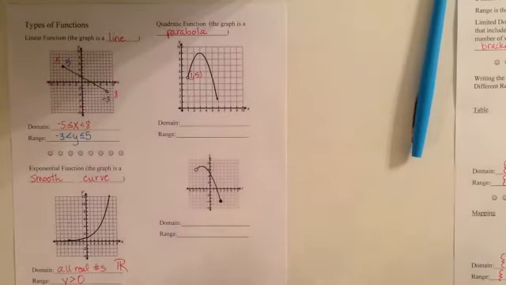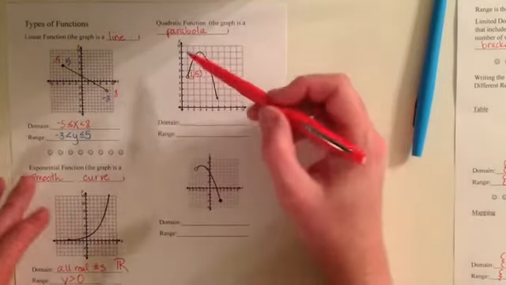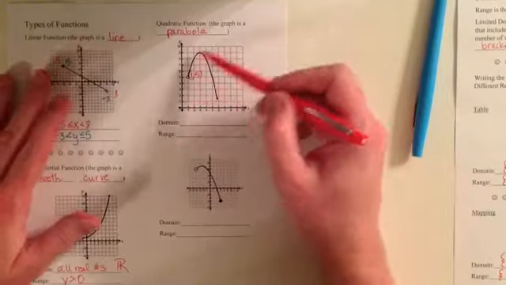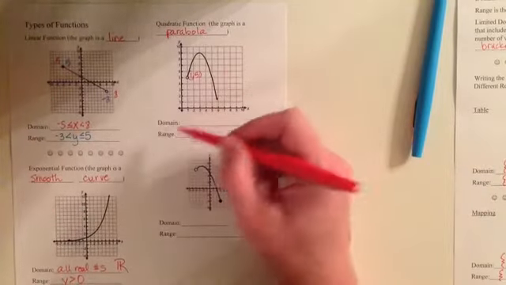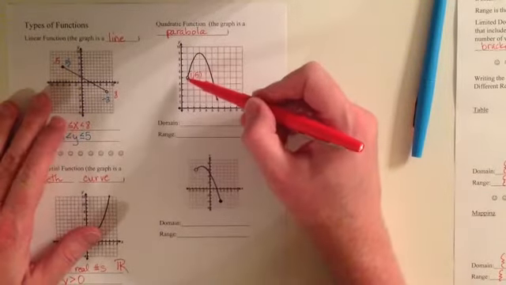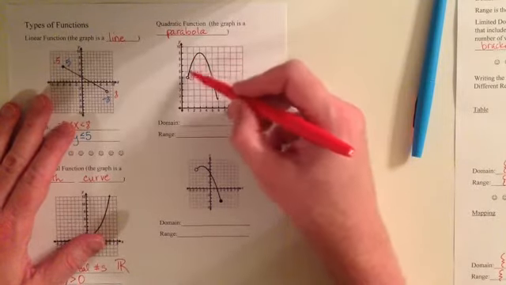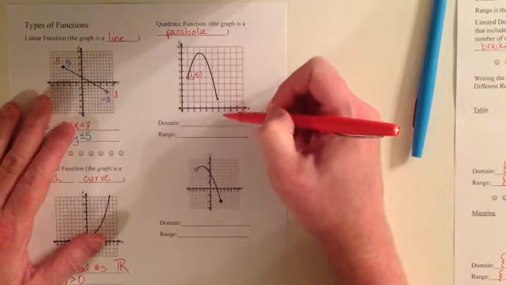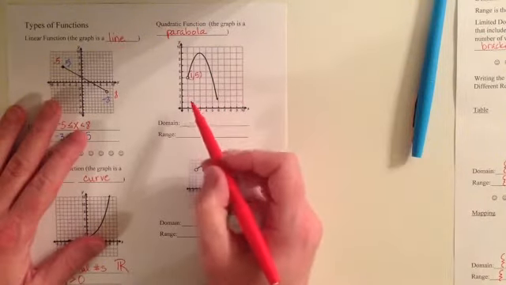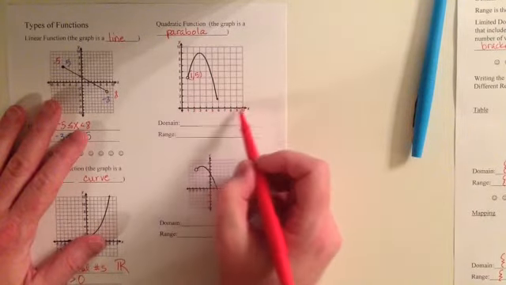So now let's look at these parabolas. We got this parabola, and the parabola looks like an arch. And we're going to look at the domain and the range. If we look at this parabola right here, I've got an open dot on 1, 5. But notice that the other side is an arrow that goes on forever. So if I'm looking at my domain, I'm looking at all the x values that go across.